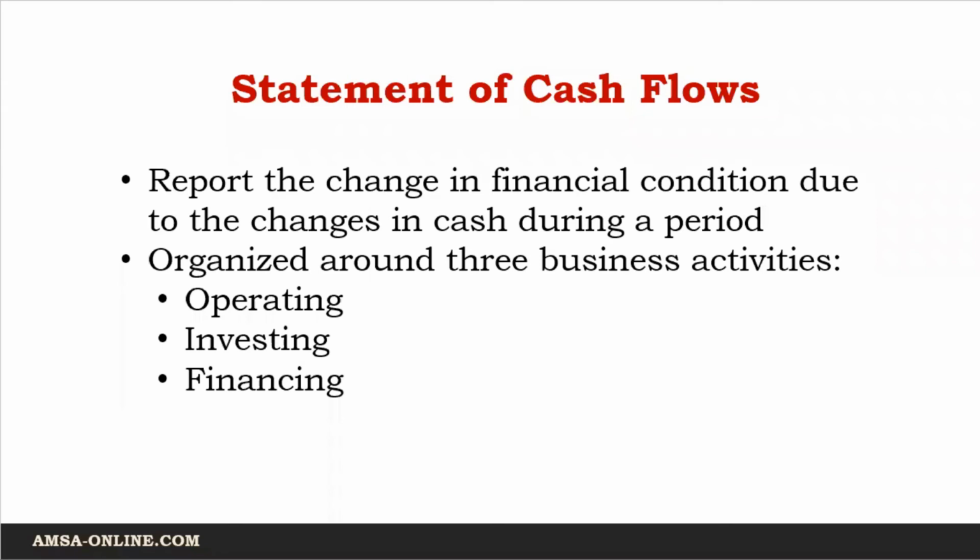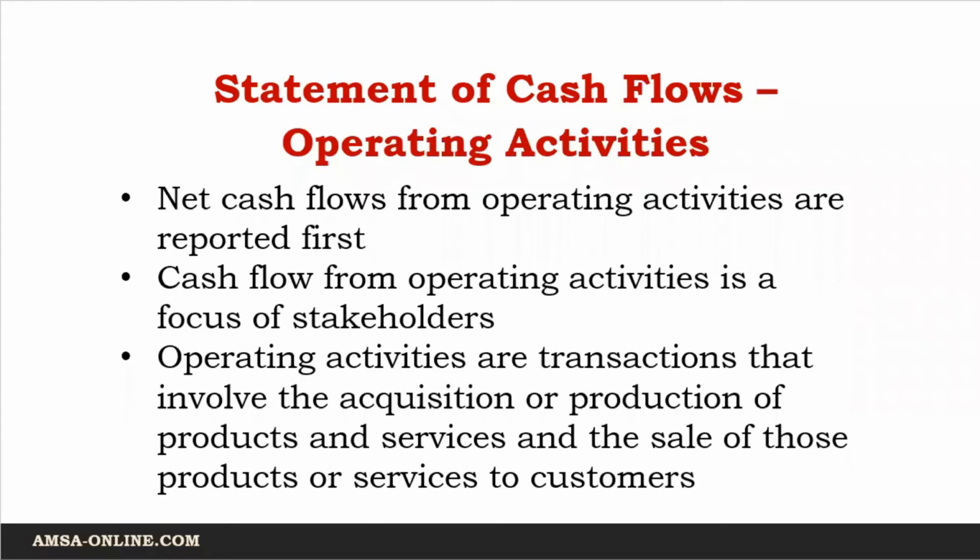The statement of cash flows reports events that reflect a company's cash account during a fiscal period. The statement of cash flows is organized to run the 3 business activities: operating, investing, and financing. The net cash flows from operating activities are reported first because the cash flow from operating activities is a primary focus of many of the company's stakeholders.